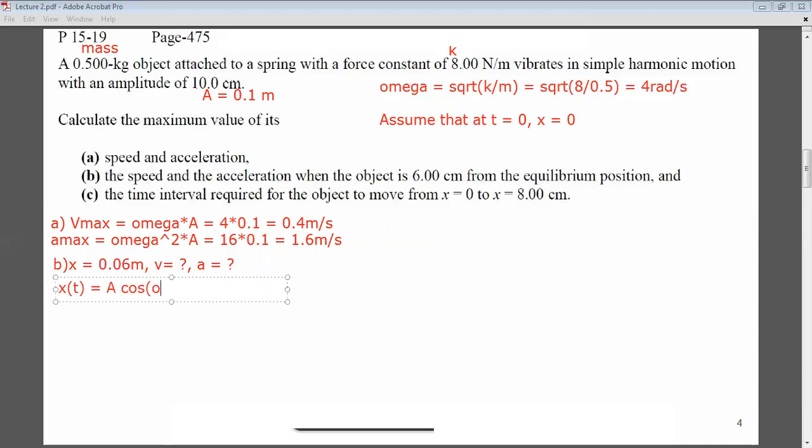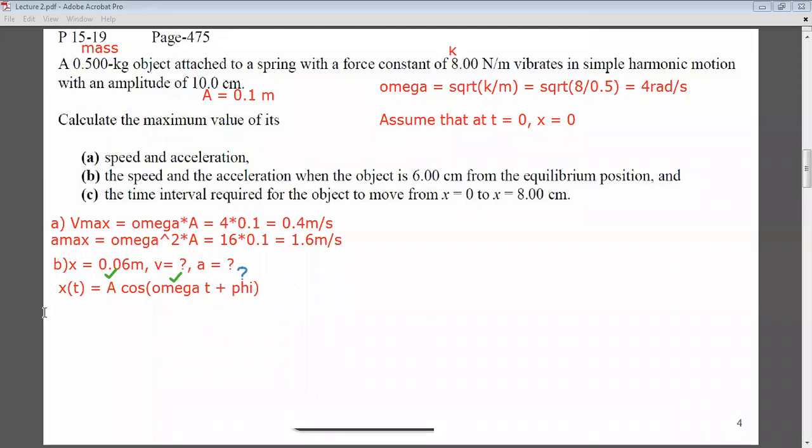So x of t equals A cosine omega t plus phi. Okay. And A, we know it is 0.1, no problem with that. Omega, we know it's 4. So here we know A, we know omega, and we need to find phi. Let's start with our assumption here.